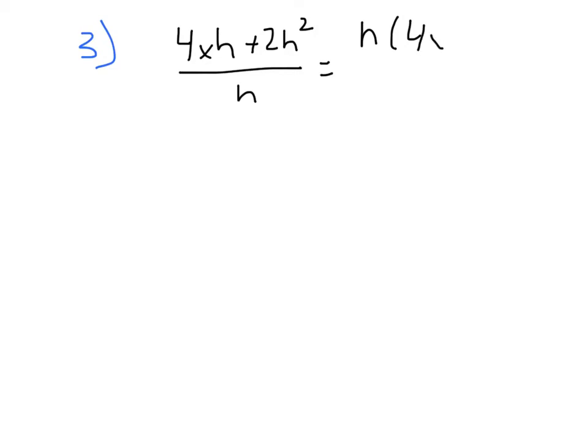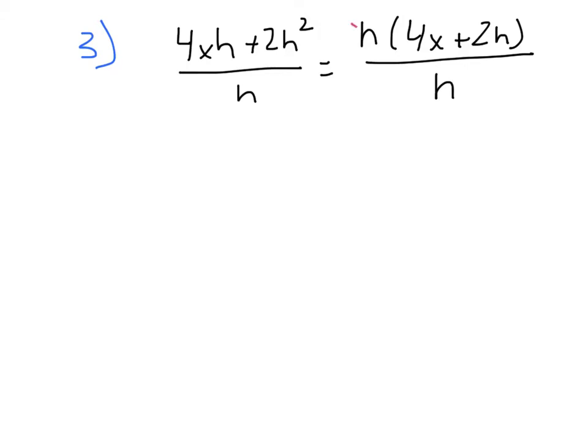So for part 3, we're going to form our quotient, which was 4xh plus 2h squared over h. And notice we can factor an h out of there, so we've got h times (4x plus 2h) over h.